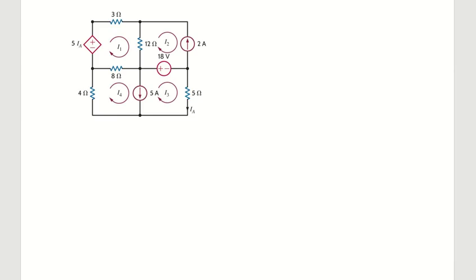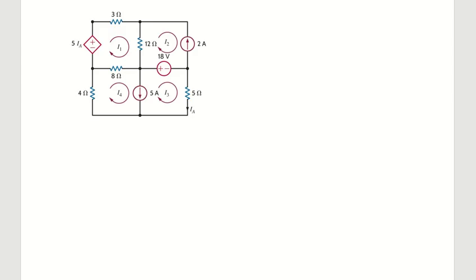Using mesh analysis, first of all you have to identify the meshes. In this circuit you see 4 meshes with current labels as I1, I2, I3 and I4. If the currents are not labeled for the meshes, you have to label them yourself and show the direction of the current in each mesh.